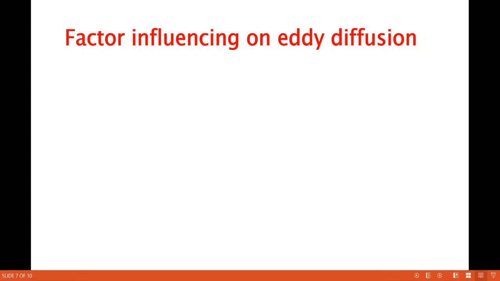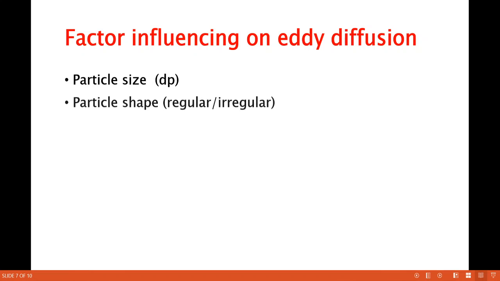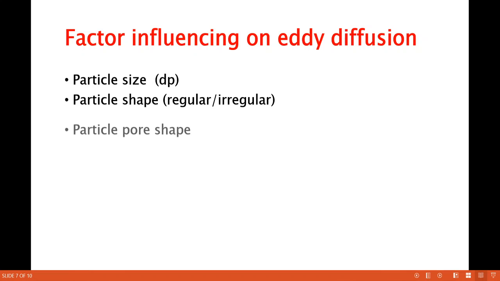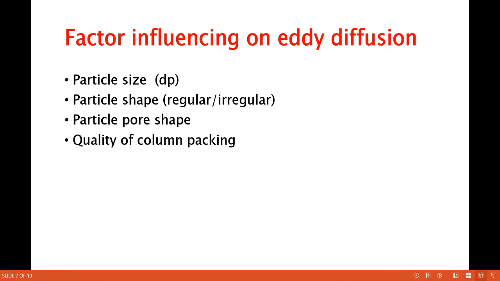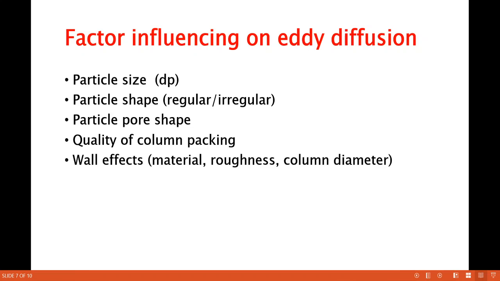Then the factors influencing the eddy diffusion. First is the particle size, then particle shape, particle pore shape, quality of the column packing, and wall effect. So these factors are affecting the eddy diffusion. Particle size means suppose our compound contains two different components.